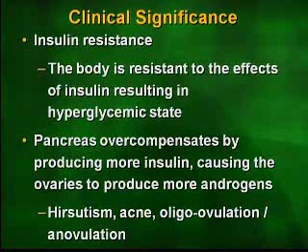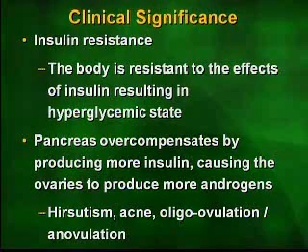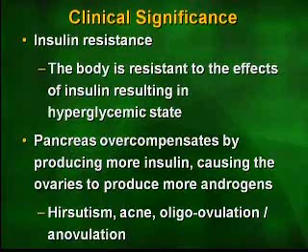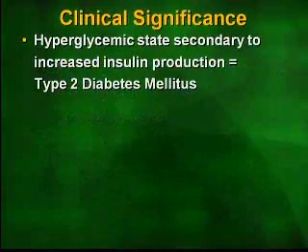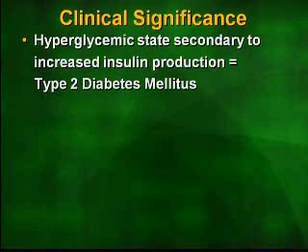The pancreas overcompensates by producing more insulin, causing the ovaries to produce more androgens. And then they have more symptoms like hirsutism, acne, oligo-ovulation, or anovulation. They have a hyperglycemic state secondary to the increased insulin production, and over time can lead to type 2 diabetes.